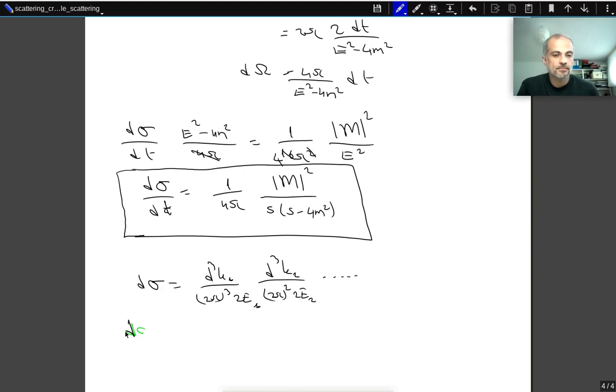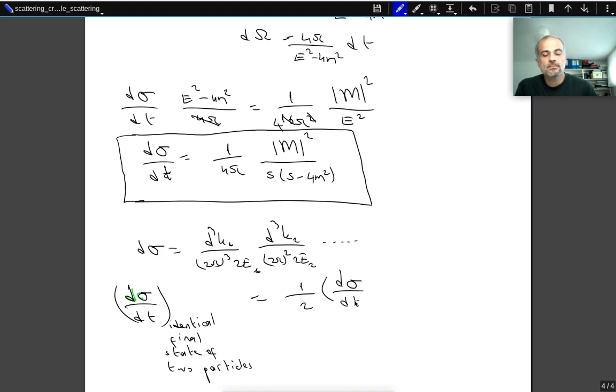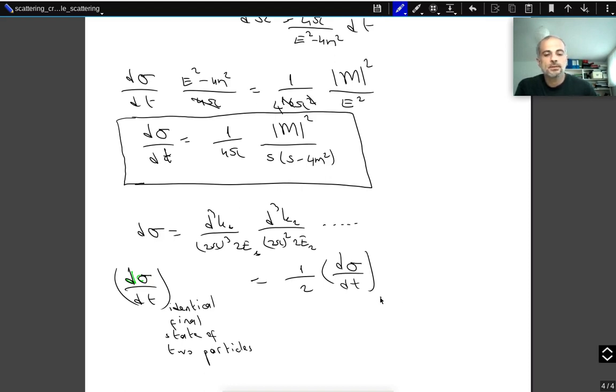Oops, sorry. For identical particles, this should be equal to 1 over 2 d sigma by dt for distinguishable final state of two particles.